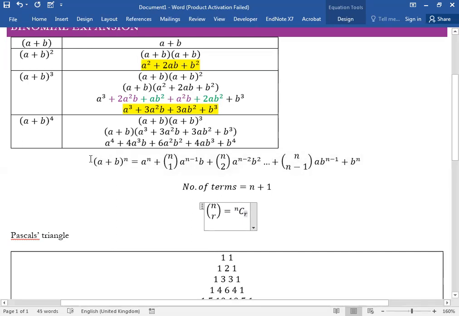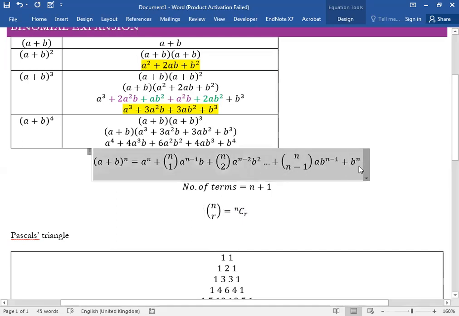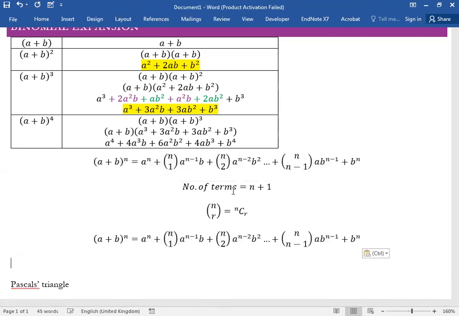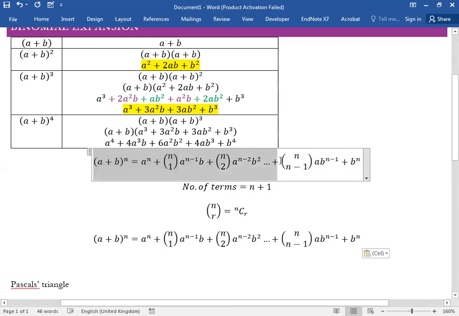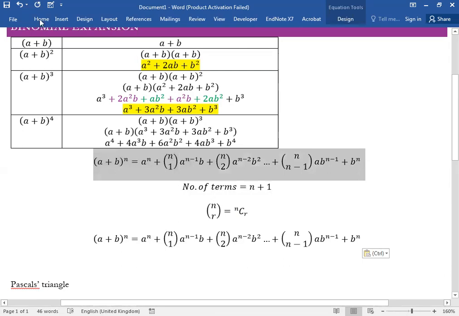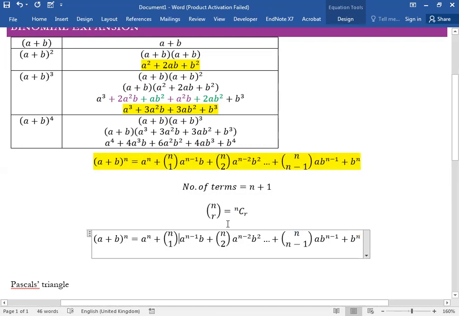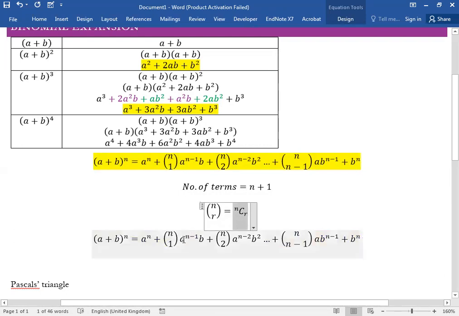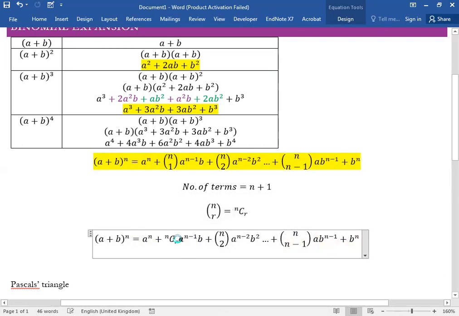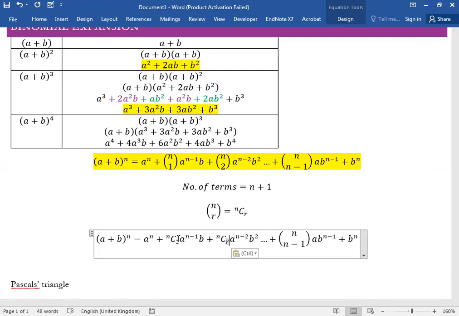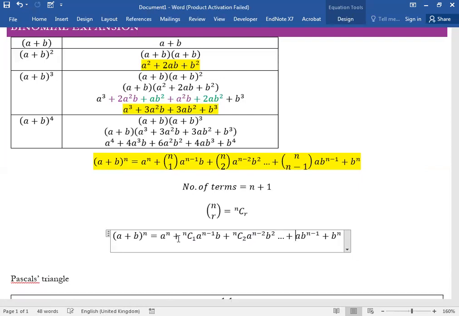So this entire thing can also be written, again, this is the one that is provided in the syllabus, so you must be familiar with this, right? I'm just letting you know how else this could have been written as well. You can write this entire thing in this way, nC1, nC2, and then nC n minus 1.